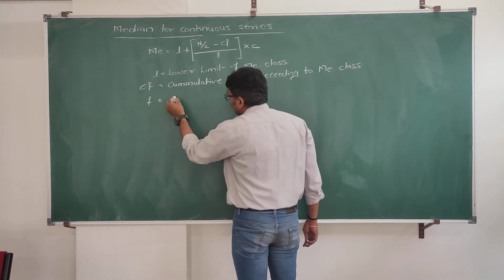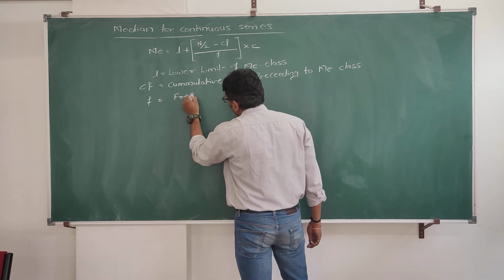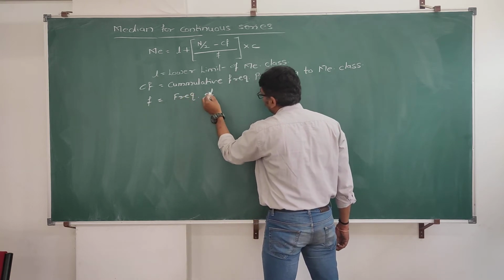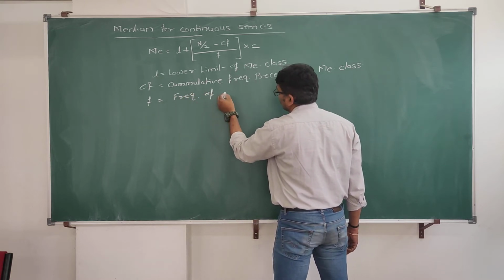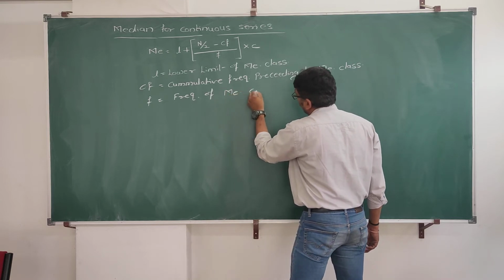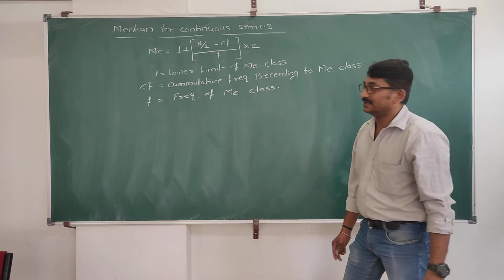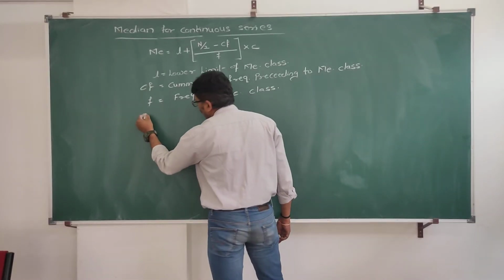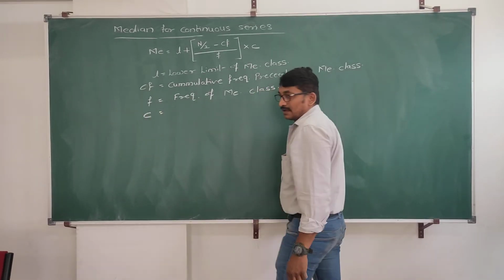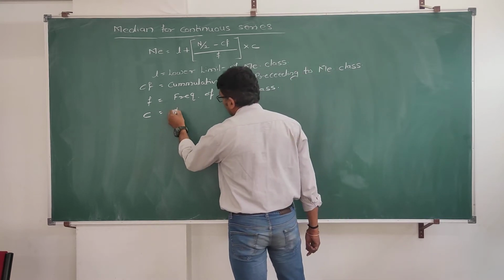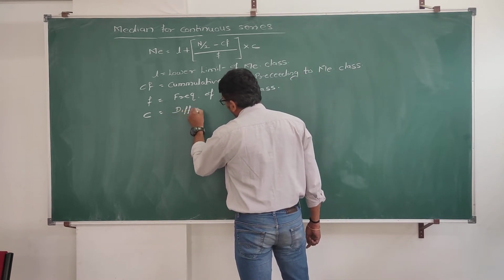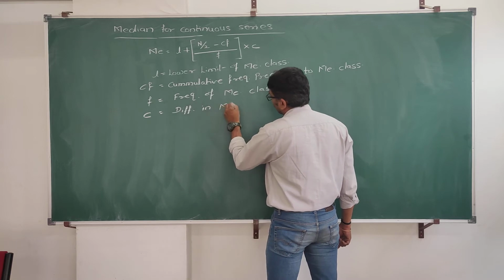F means frequency of median class. And C means difference in median class.